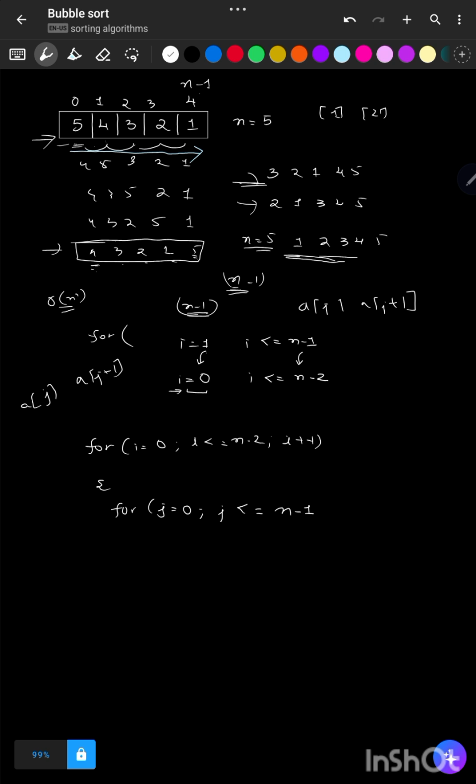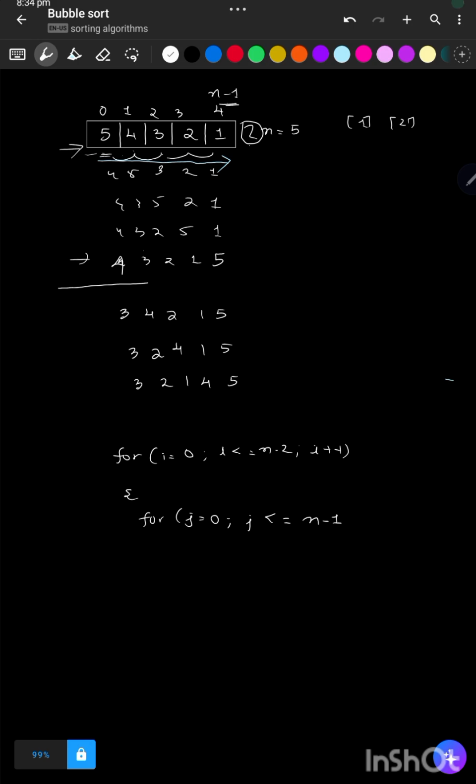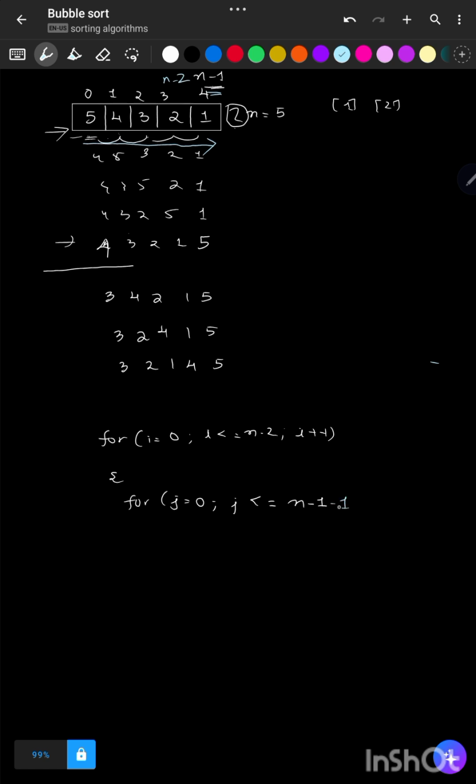If n minus 1 is only the last element, then where is the nth element? It doesn't have any next element. Then what will it compare with? So therefore j has to stop at not n minus 1 but n minus 2. So n minus 1 minus 1, which is less than or equal to n minus 2.